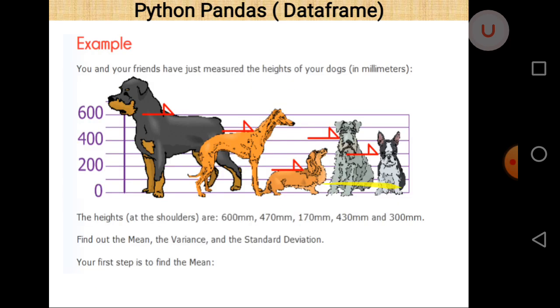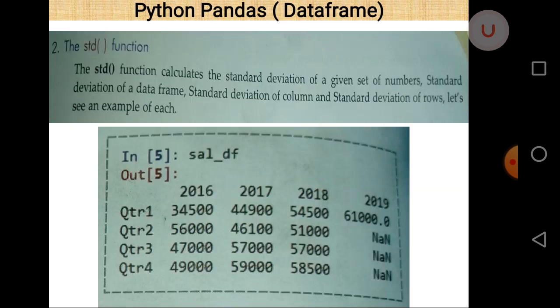Now in the Python pandas data frame, there is a data frame here, and to calculate standard deviation we use the function std. Again, standard deviation can be calculated along axis 0 and along axis 1. There is the same data frame used for mean absolute deviation.